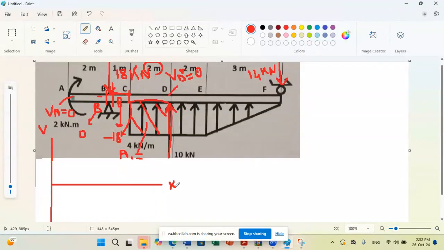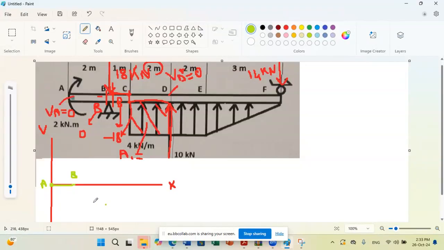Okay. I started first, as we said, at A. We said that VA is 0. So at A, I start with 0. From A to B, I have no load, so it's constant. So this is A. This is just before B. This is B minus. At B, what will happen?